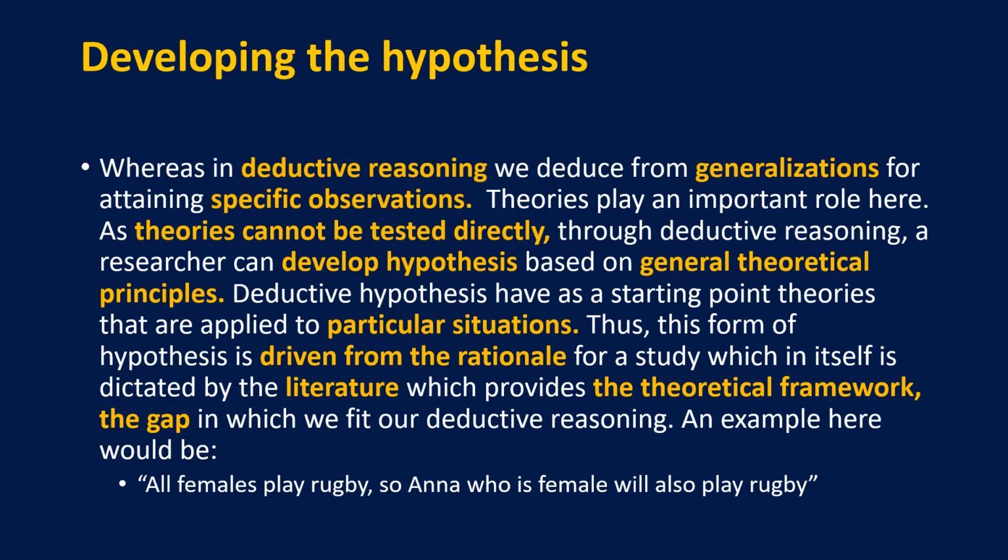Now, how do we do this, and what makes this different to the inductive approach? Well, the first thing is this. You cannot directly test a theory through deductive reasoning. You can do it through inductive reasoning, but you can't do it through deductive reasoning. But you can develop a hypothesis which is based upon the general theoretical principles. In other words, you have read the literature.